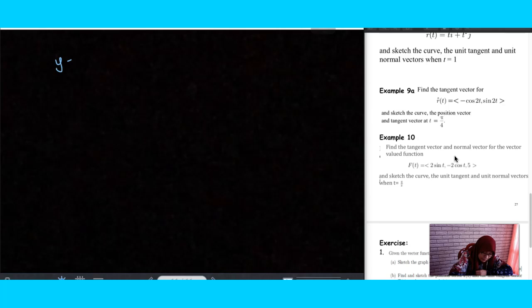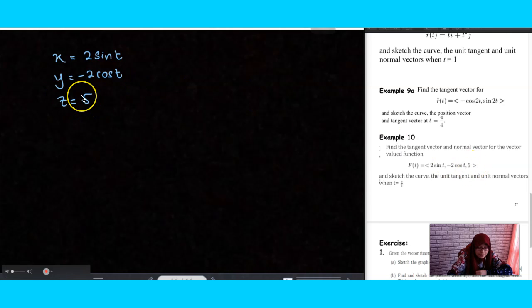So, start with x equal to 2 sine t, and then y equal to minus 2 cos t, and then z equal to 5. So in this case, z is fixed, which is 5. So we don't change the z, just 5.